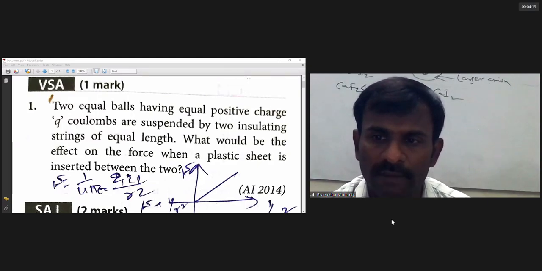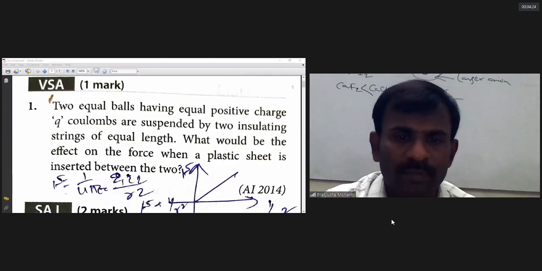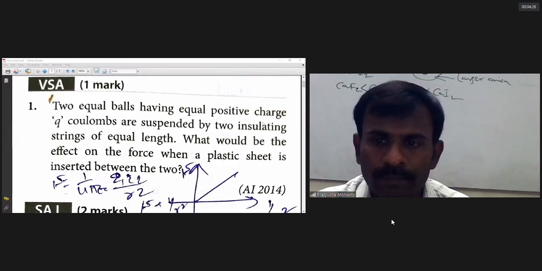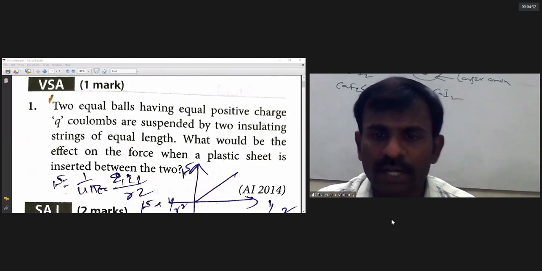Just see, I read the question. Two equal balls having equal positive charge Q are suspended by two insulating strings of equal length. What would be the effect on the force when a plastic sheet is inserted between the two?